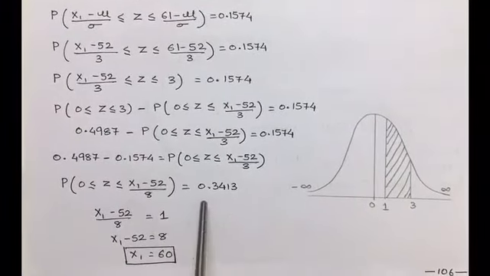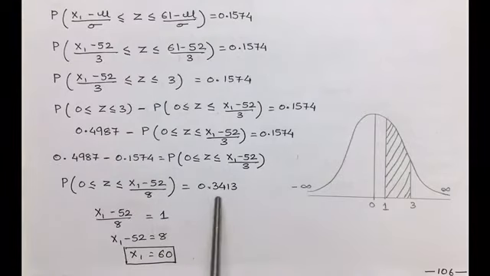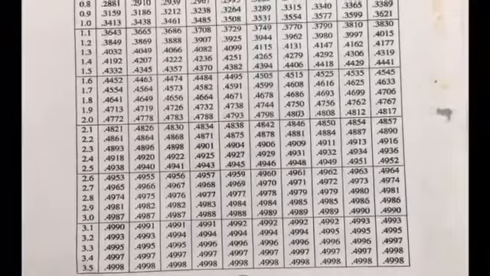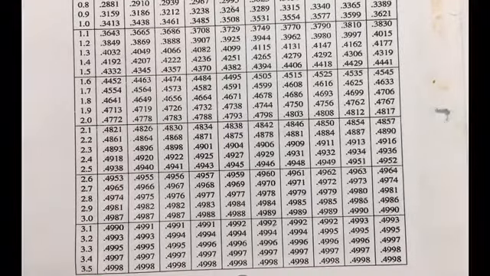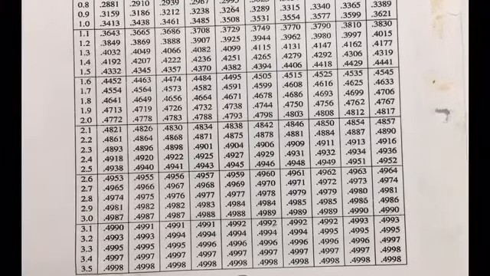Now again 0.3413, where this area lies, again we have to check it from the table, and that area lies in 1. So 0.3413 lies in 1.